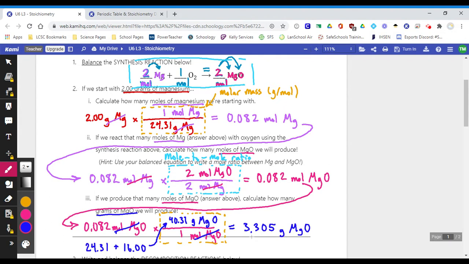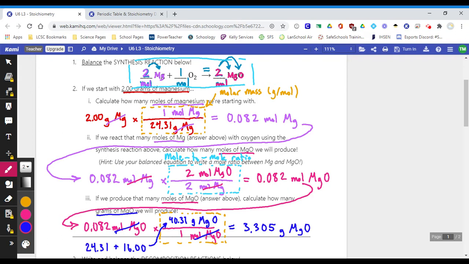And I can figure that out before I even step foot in the lab, before I even get my magnesium, get my lighter ready. 2 grams of magnesium should be able to be used in this reaction to make 3.305 grams of magnesium oxide. Like, that's nuts. We can totally predict how much of something we're going to make, which is crazy. It just blows my mind.